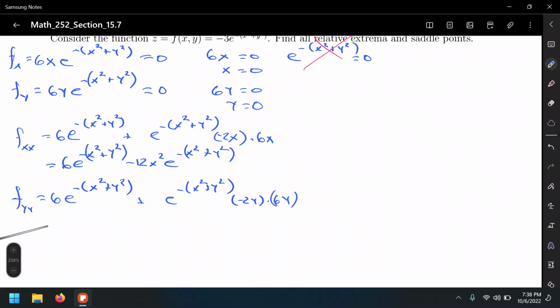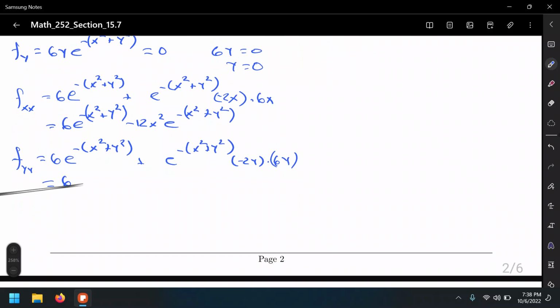All right, and that reduces to 6 e to the negative (x squared plus y squared) minus 12 y squared e to the negative (x squared plus y squared).